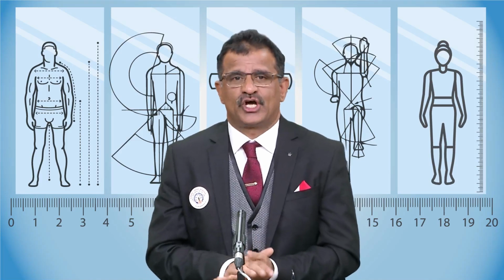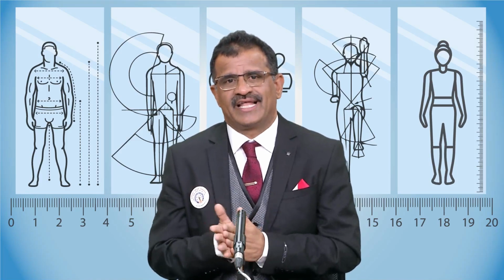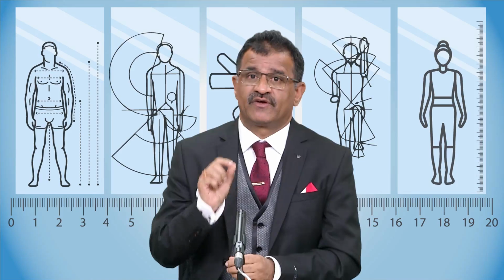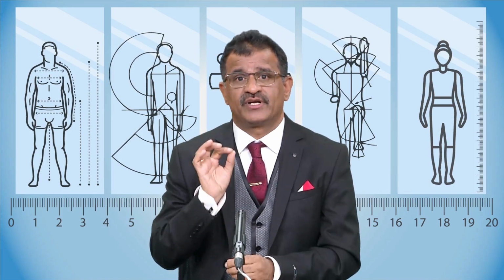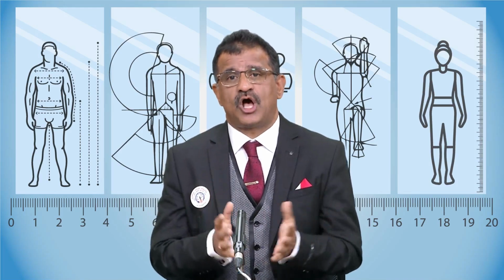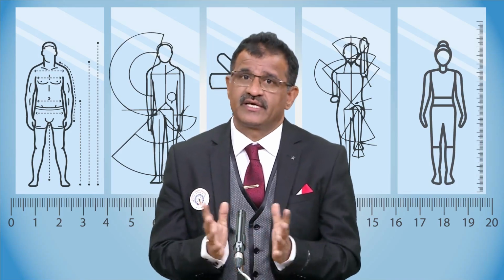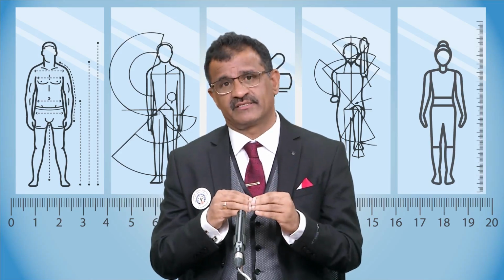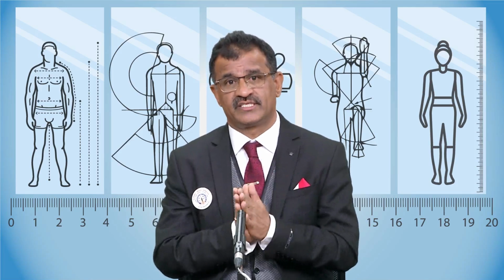Now we will switch to our today's topic, that is anthropometry. Anthropometry was developed as a study of the measurement of the human body, or a method of measurement on the human body. So here only measurement is taken into consideration as far as the human body is concerned.